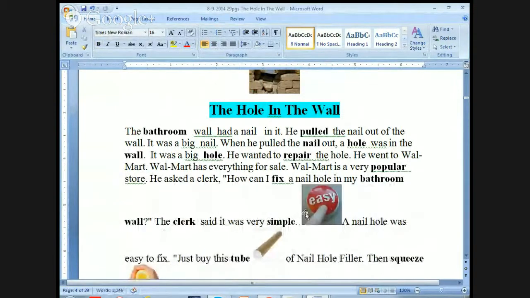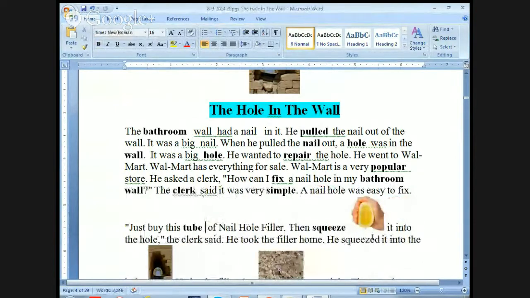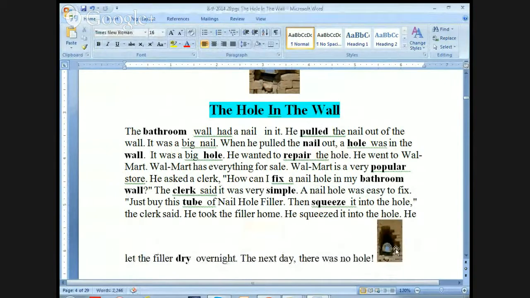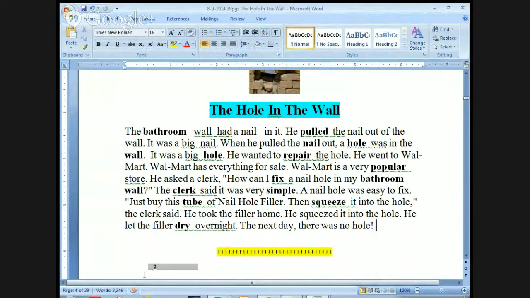The bathroom wall had a nail in it. He pulled the nail out of the wall. It was a big nail. When he pulled the nail out, a hole was in the wall. It was a big hole. He wanted to repair the wall. He went to Walmart. Walmart has everything for sale. Walmart is a very popular store. He asked a clerk, how can I fix a nail hole in my bathroom wall?